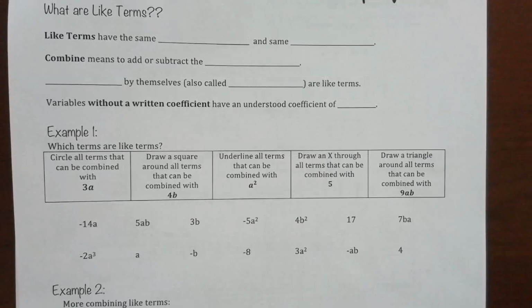F, I have k to the 4th plus 4n squared plus k to the 4th plus 2n. Who wants to help me with this one? Someone I haven't heard from yet. Gavin, you want to try? Let's go, Gavin. What needs to go first? The K. So, are there any like terms with the K?